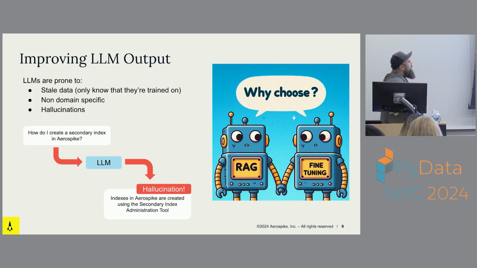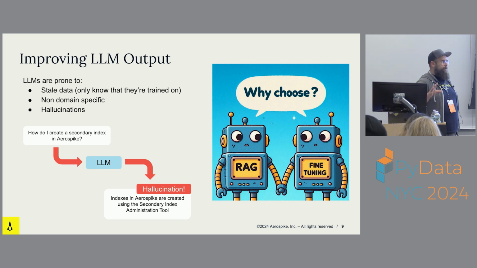Now, improving on this LLM output, right? We've been talking about RAG and fine-tuning. Well, I haven't said anything about fine-tuning yet, but I will in a moment. But LLMs generally are stale before they ever even hit the market. These larger models, like Llama 3, the 405B model, it's like 32 million GPU hours to train, I believe.